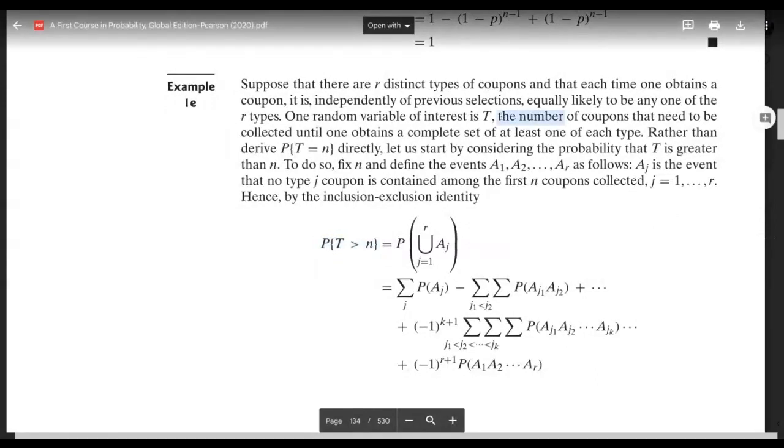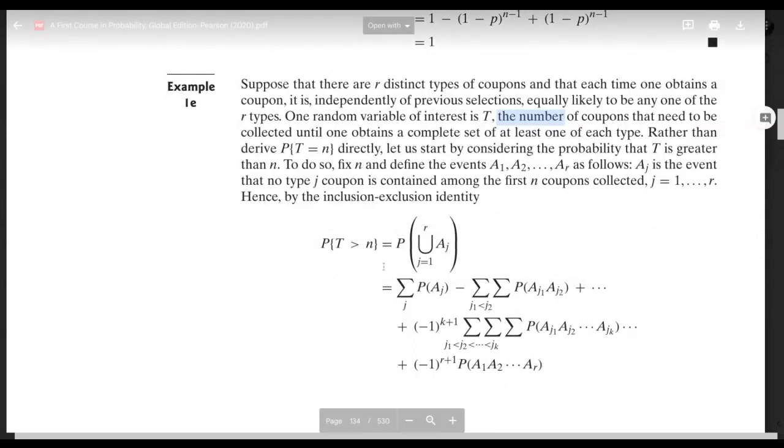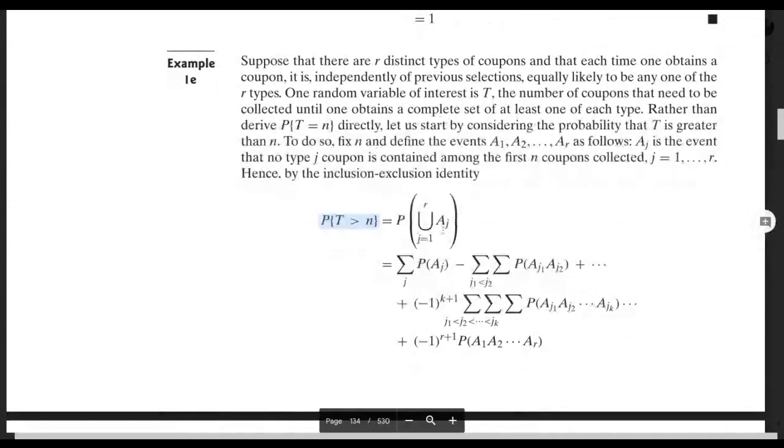So remember, what is T? The number of coupons that need to be collected until one obtains a complete set of at least one of each type. So T greater than n is the probability of the union of all those Aj.